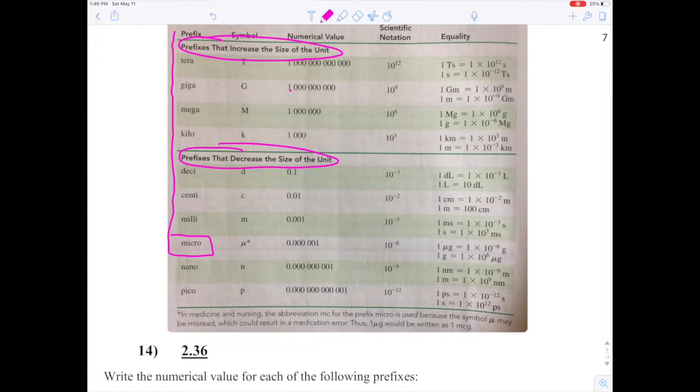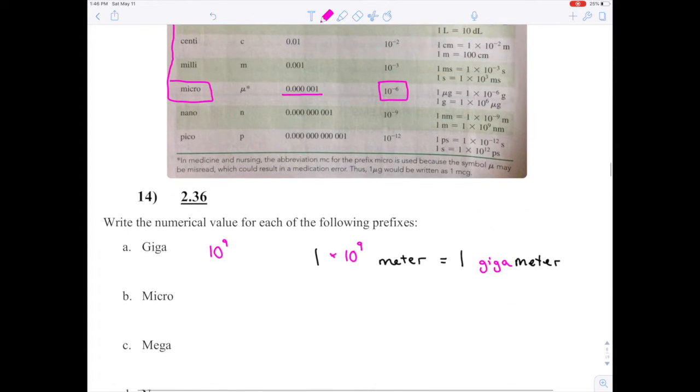Now the number associated with it is either this number or, maybe more clearly and concisely, 10 to the negative 6th. So you could just write 10 to the negative 6th.